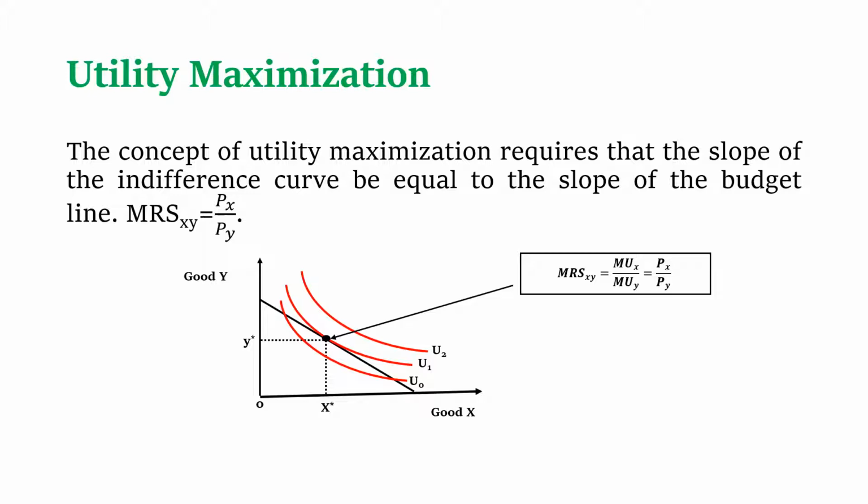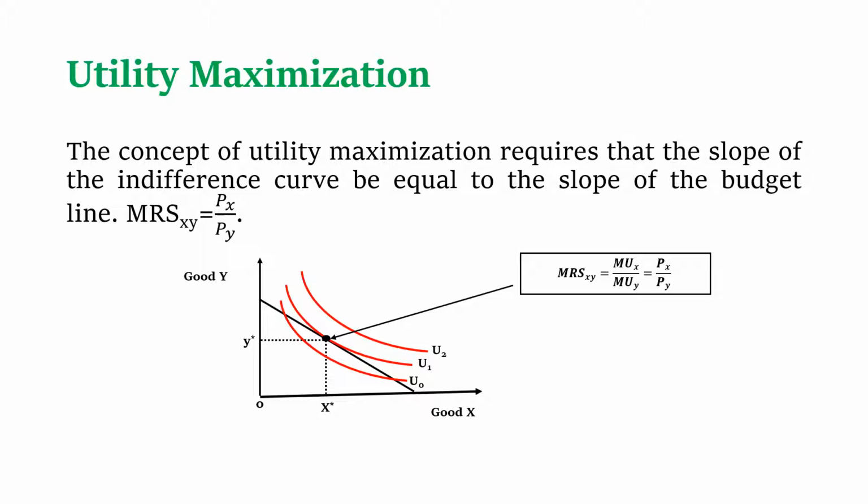So, where the indifference curve is tangential to the budget line gives the optimal bundle of X and Y, the optimal bundle there. And that comprises good X and good Y. And X there is X star and Y is Y star. Now, we notice that the indifference curve U1 is tangential to the budget line.